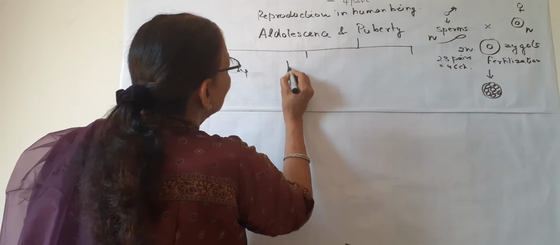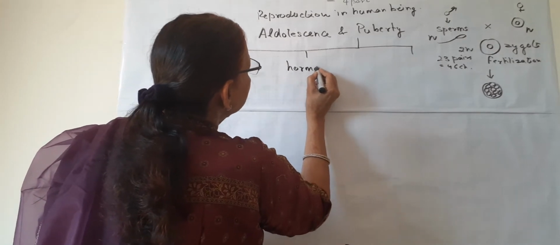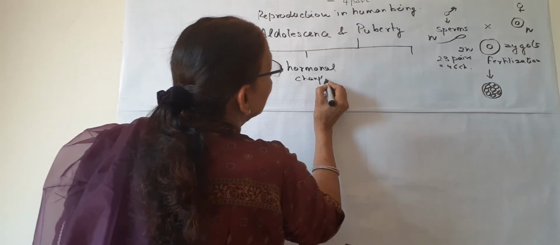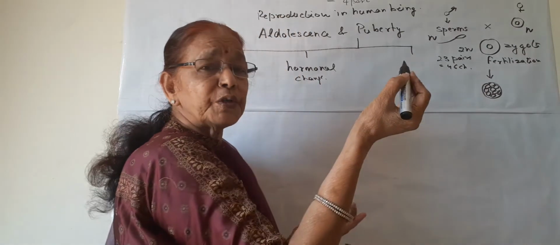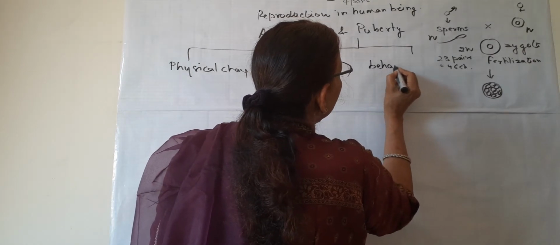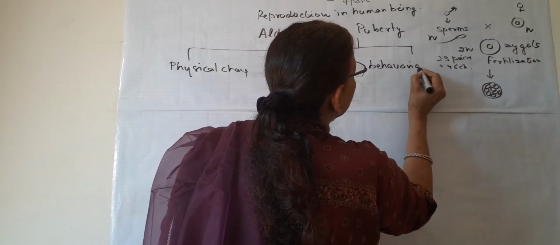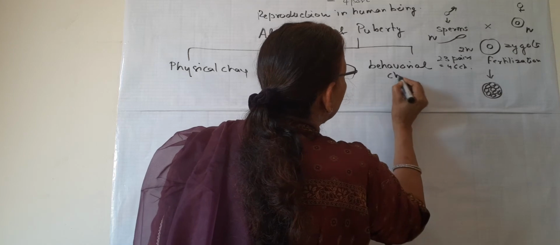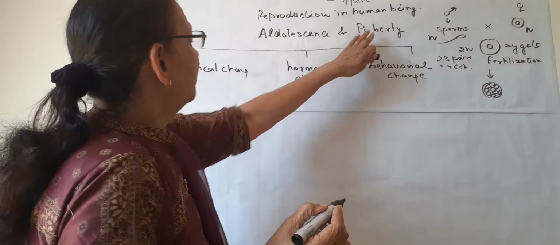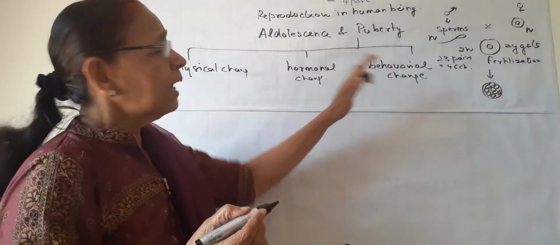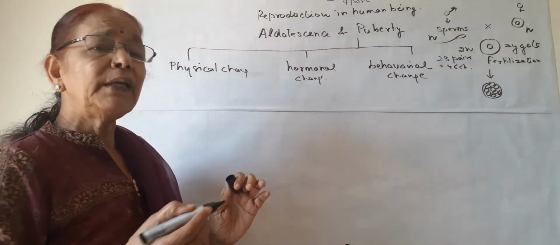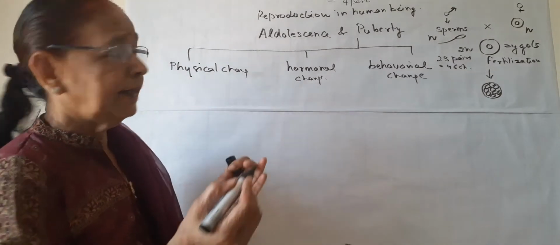Then there may be hormonal changes, and there are emotional, mental, or we can say behavioral changes in the behavior of the person. So under puberty we have 3 types of changes, and these changes are different in boys and girls.